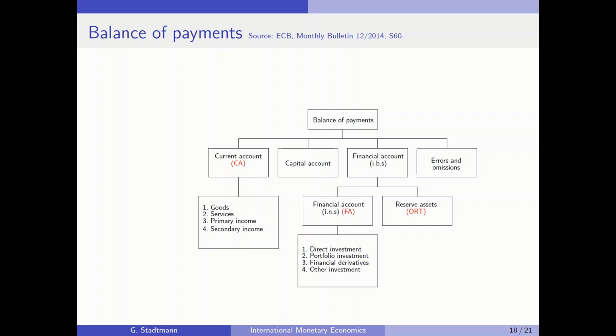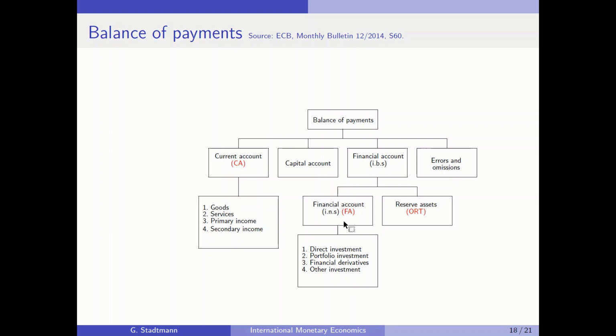So this reserve asset account will become very important in case that we talk about fixed exchange rate systems. In chapter 18, we'll talk about fixed exchange rate systems, and there central bank intervention will be a central role when it comes to stabilizing the exchange rate.